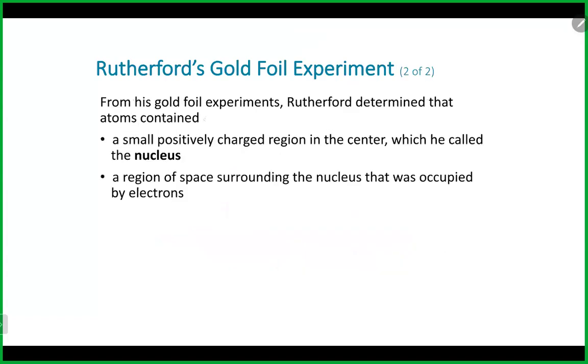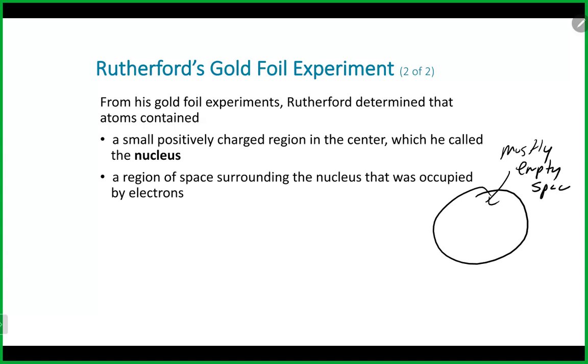And basically, they had to come up with this idea that the atom is mostly empty space. So the atom itself is mostly empty space. It has a positive core, which is known as the nucleus.